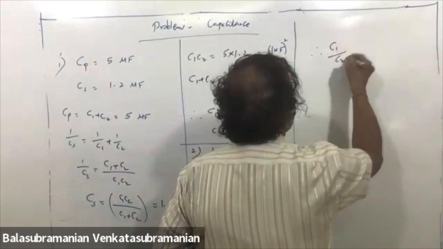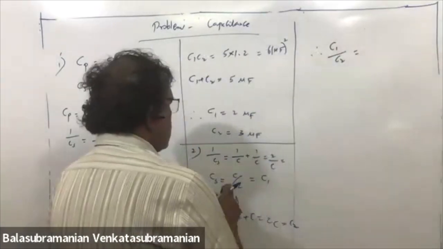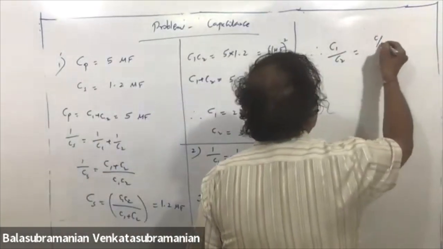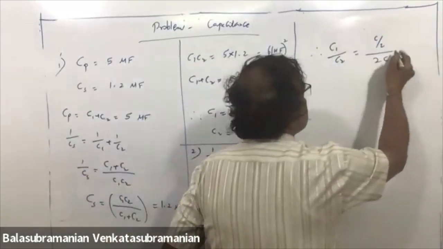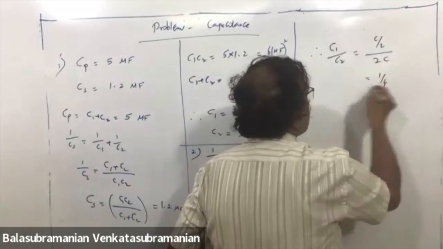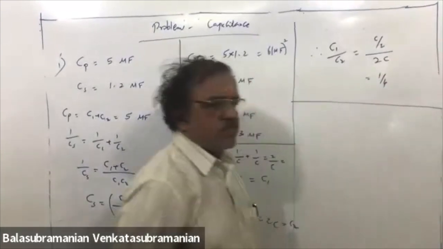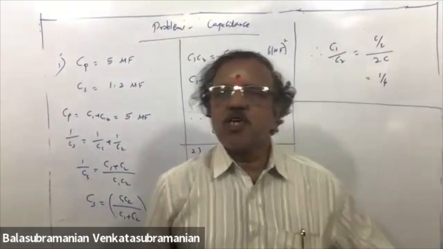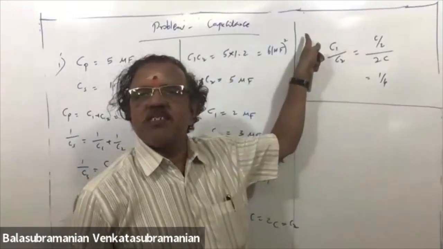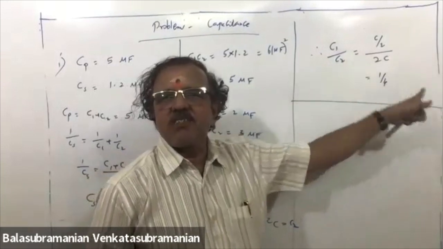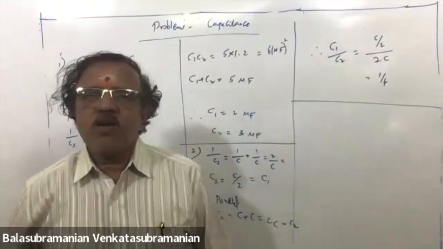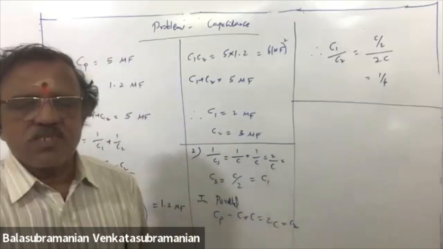Therefore, C1 by C2 is equal to C by 2 by 2C. C gets cancelled. So the answer is 1:4. Ratio of capacitance in series to capacitance in parallel is 1/4 or 1:4. This is the second problem.